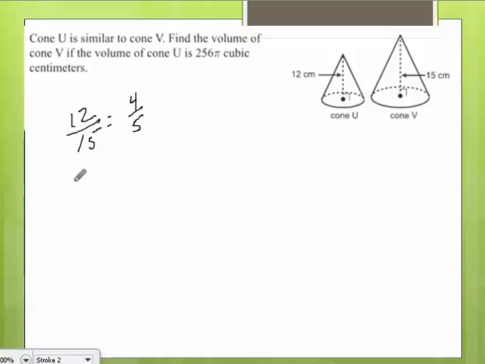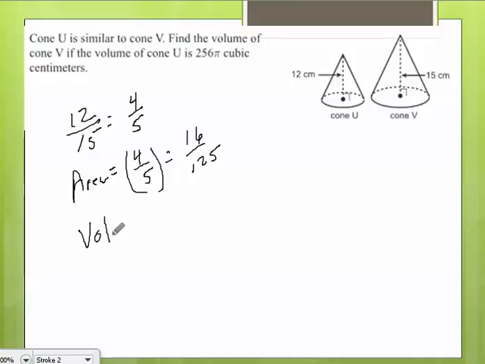Okay, well, if I wanted to find the area ratio, area, that's going to be equal to 4 over 5 squared, which is 16 over 25. And if I wanted to find the volume, it's going to be 4 over 5 to the third power. Okay? And 4 times 4 times 4 is equal to 64.